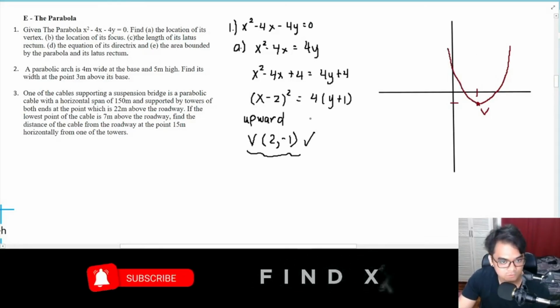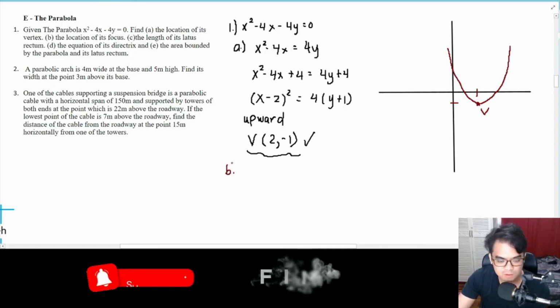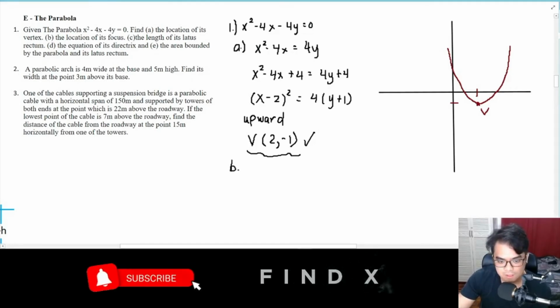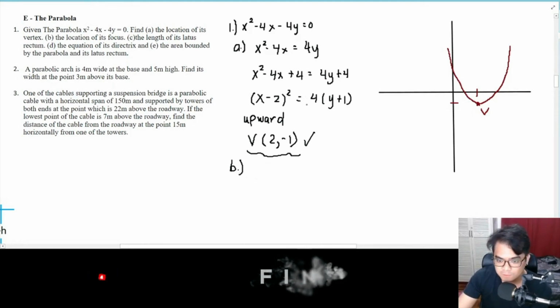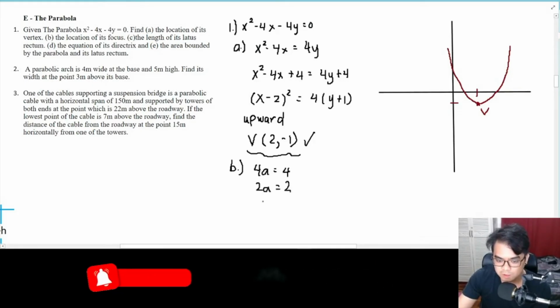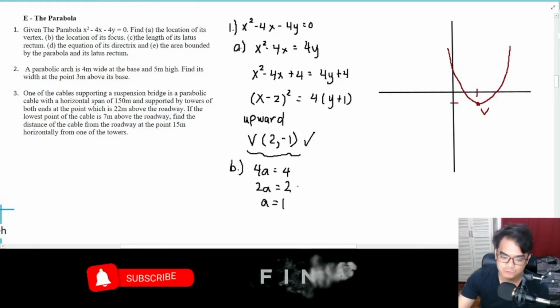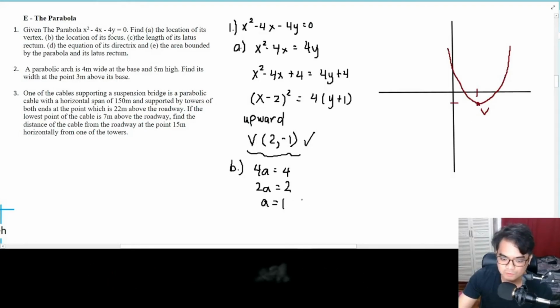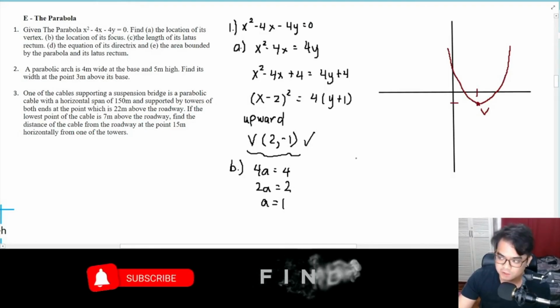Okay, and then we are asked to find, the first one is the location of its vertex. So that is done. So letter B is the location of its focus. So to find the location of the focus, this 4 is your 4a, right? Therefore, your 4a is equal to 4, 2a is equal to 2, and then a is equal to 1. So to find the location of the focus, the distance from the vertex to the focus is 1.